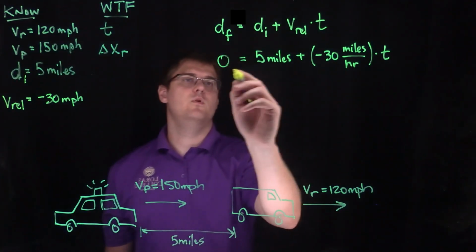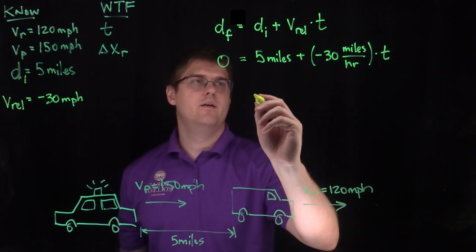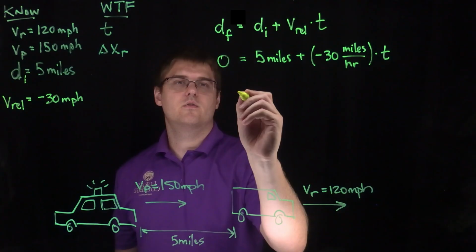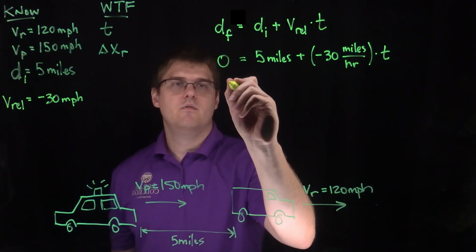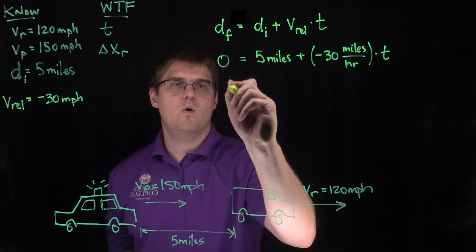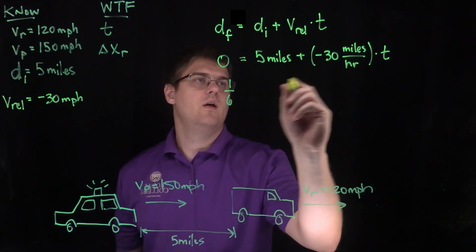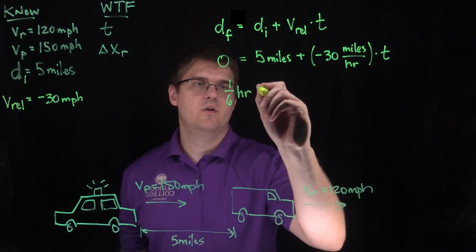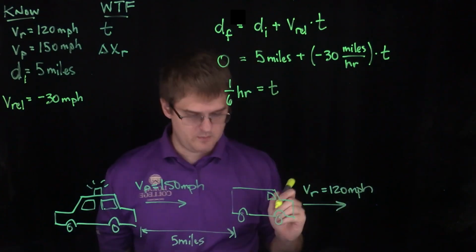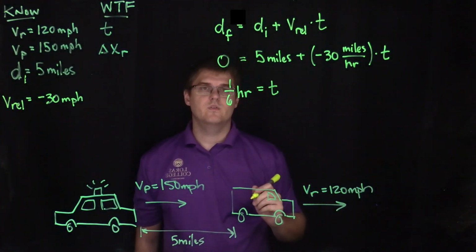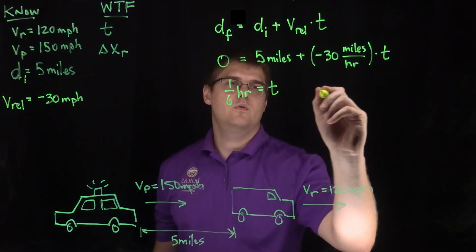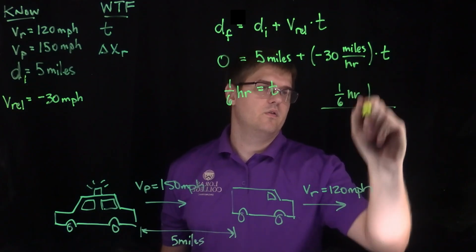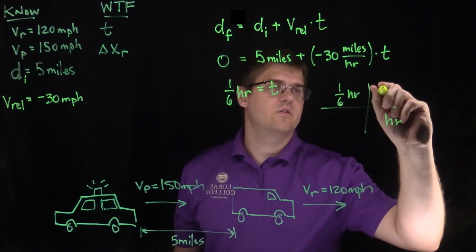Okay? Move the 5 to the other side, divide by miles per hour. So I've got negative 5 divided by negative 30 is going to be positive 5 over 30, which is going to be 1 over 6. Miles cancel, so I end up with 1/6 of an hour is equal to my time. 1/6 of an hour, an hour is 60 minutes.